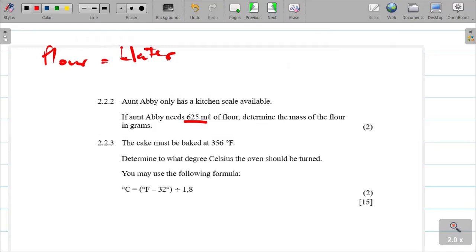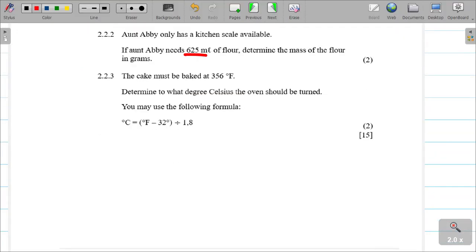So that is equal to 1 gram, 1 milliliter is equal to 1 gram.